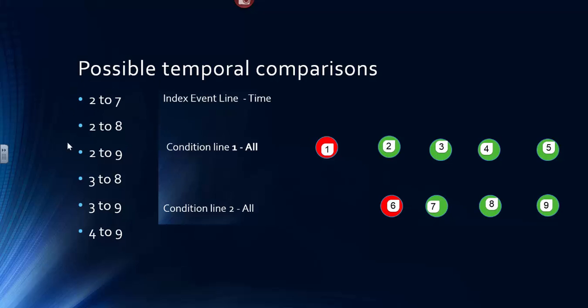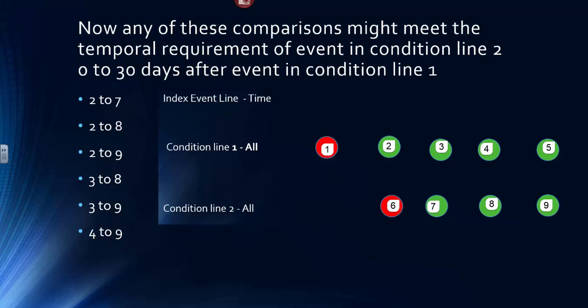So you have many more possible temporal comparisons that could qualify a patient for inclusion in the cohort. If the original 2 to 7 didn't qualify, but 3 to 8 did, the patient would be qualified.